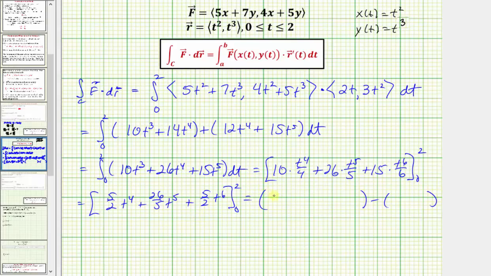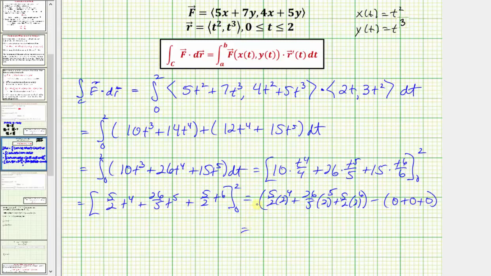So when t is 2, we have 5 halves times 2 to the 4th plus 26 fifths times 2 to the 5th plus 5 halves times 2 to the 6th. And then when t is 0, notice all the terms contain a factor of 0. So we'd have 0 plus 0 plus 0.